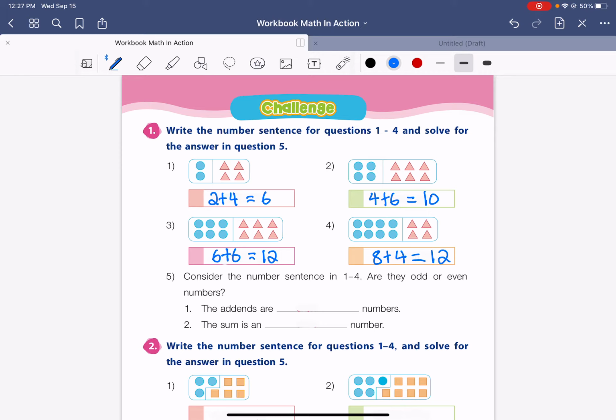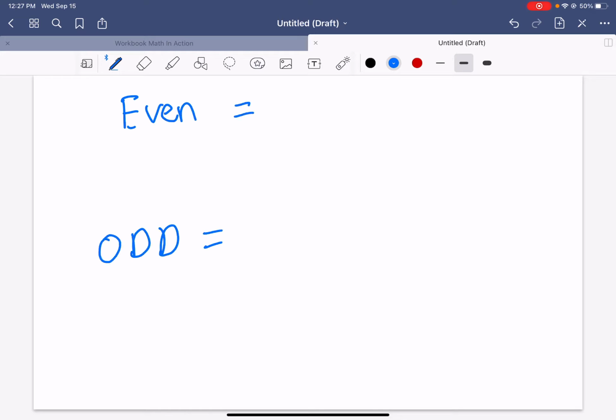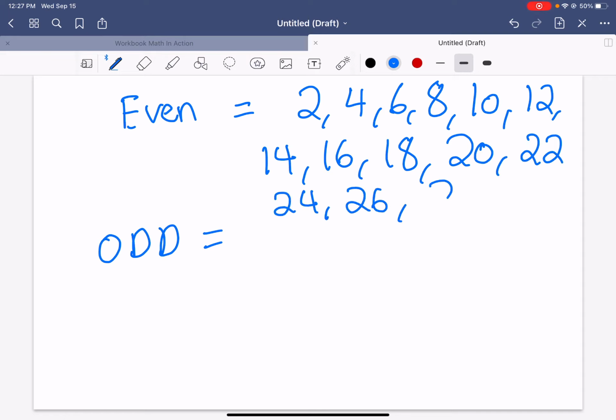Consider the number sentences in 1 to 4. Are they odd or even numbers? Let's take a look. Even is 2, 4, 6, 8, 10, 12, 14, 16, 18, 20, 22, 24, 26, 28, 30.